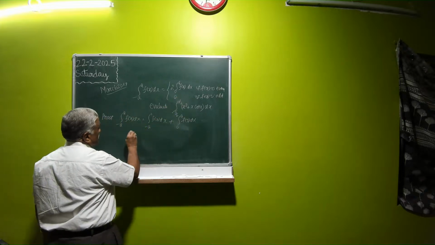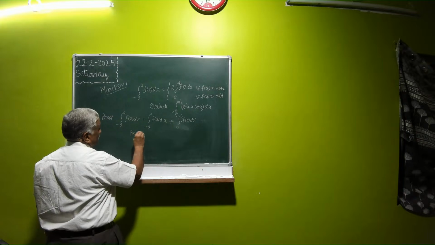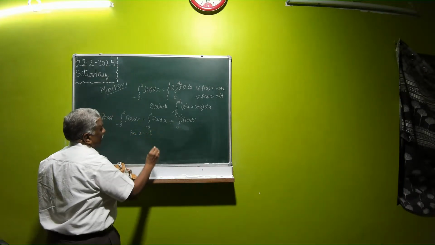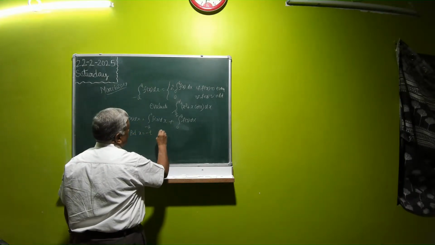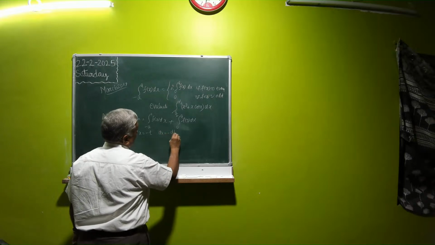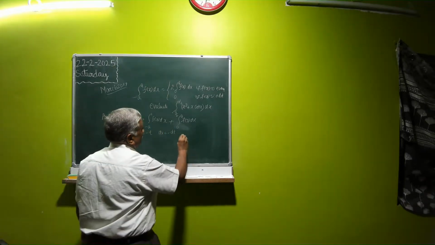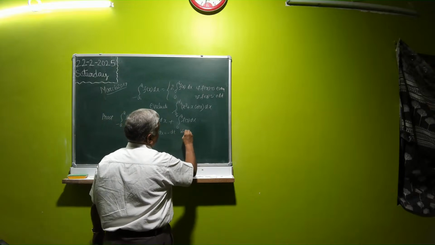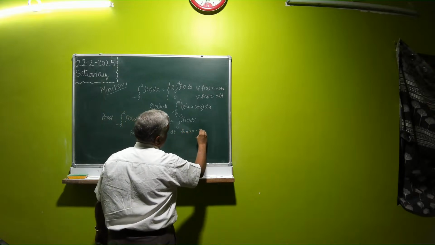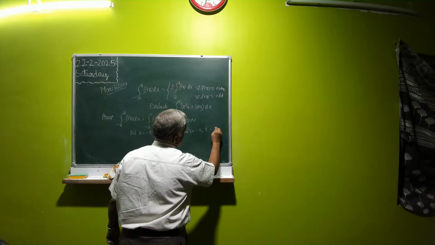So then what we should do is put x is equal to minus t. These things you need to remember. dx is going to be minus dt. And it's a problem of substitution, so you have to change the limit. When x is equal to minus a, t is equal to plus a.